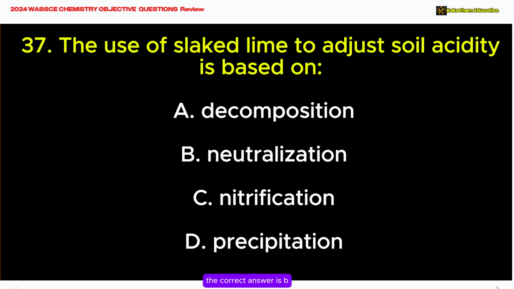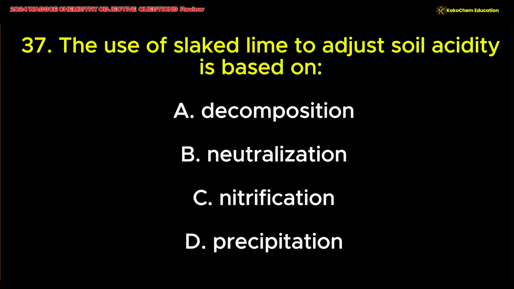The correct answer is B. Neutralization. Explanation: slaked lime, aka calcium hydroxide, neutralizes excess acids in the soil, raising the pH and reducing acidity.